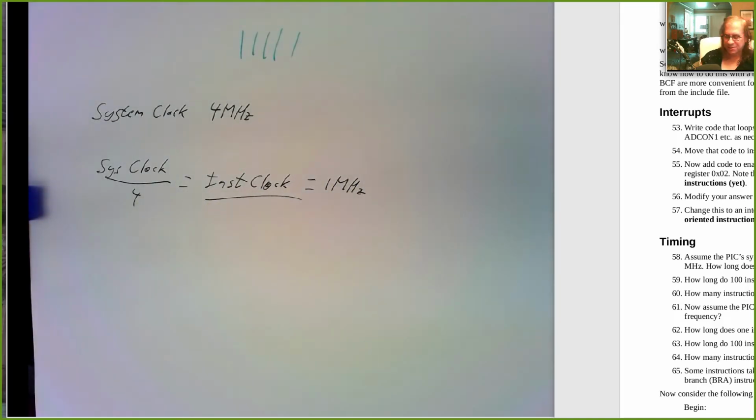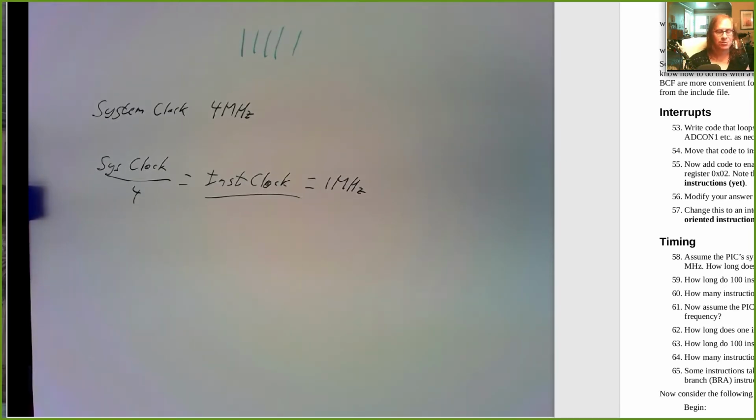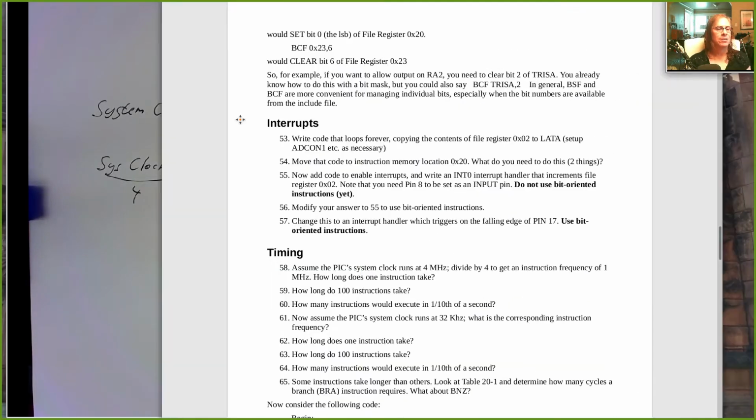And the instruction clock is basically how many instructions you get to do per second. There's exceptions to that, but we generally think of the instruction clock as the number of instructions you do per second. So if the system clock is at 4 meg, divide by 4 to get an instruction frequency of 1 megahertz. Okay, so 1 million instructions per second.